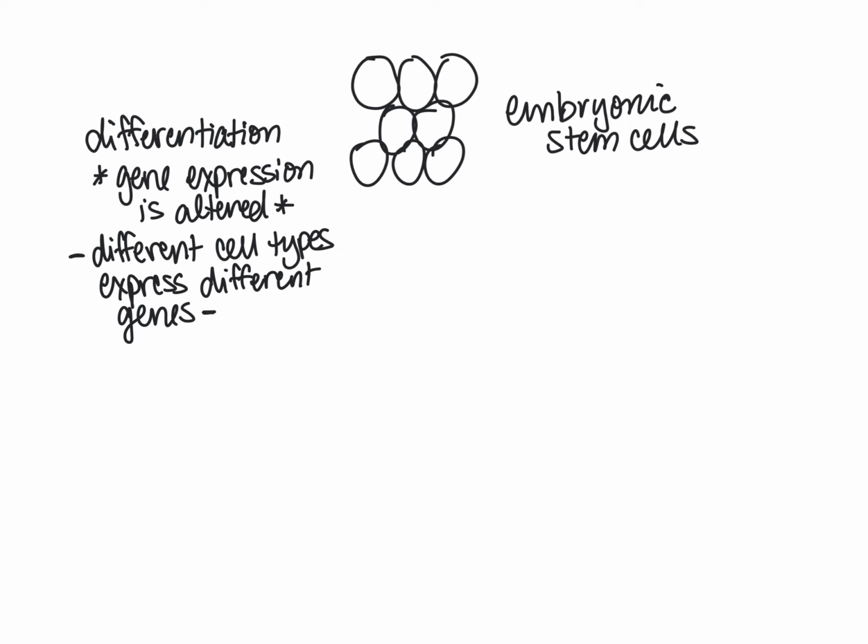All right, because remember, each one of these cells has the exact same genetic material inside its nucleus. So all of the genome, all of that genetic information, is inside each one of these cells. But for example, a skin cell needs to be able to produce a lot of keratin, and keratin is a protein that helps to give your skin cells some kind of structure and toughness. But the cells that make up your muscles don't need to make keratin.